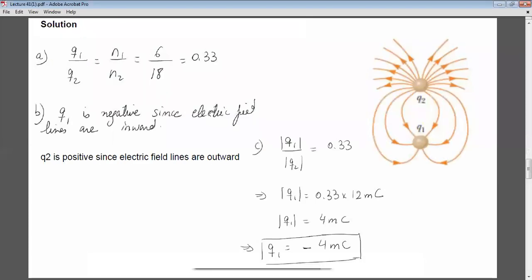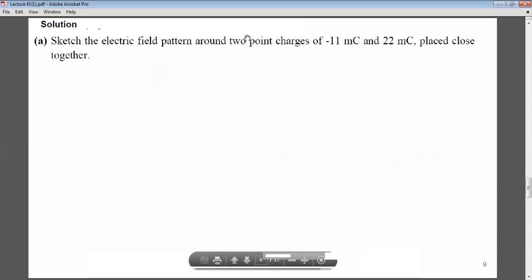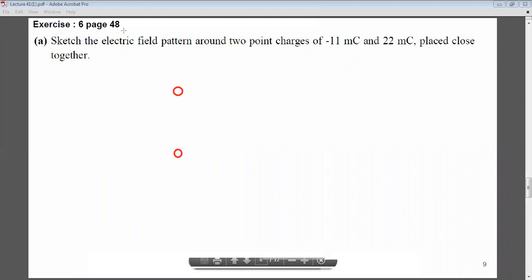Another exercise. Sketch the electric field pattern around two point charges of minus 11 millicoulomb and 22 millicoulomb placed next to each other. So let's put two charges close to each other.